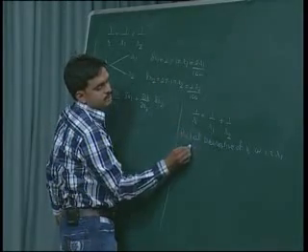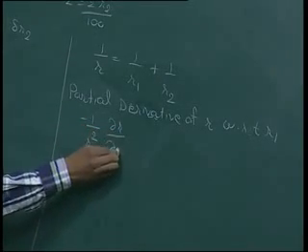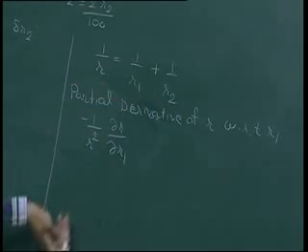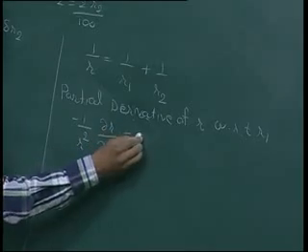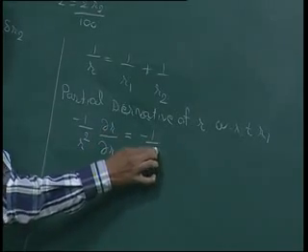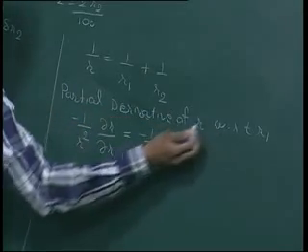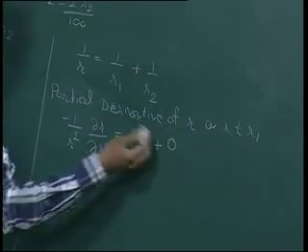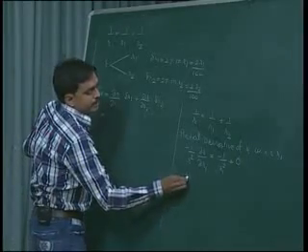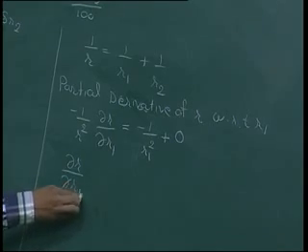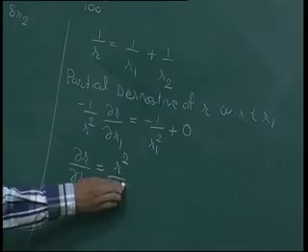The derivative of this is minus 1 upon R square into del R by del R1, as R is a function of R1 and R2. That is why del R by del R1 is equal to the derivative of 1 upon R1, which is minus 1 upon R1 square, plus, as we take the partial derivative with respect to R1 only, the second derivative is 0, because that is not containing R1. Therefore, del R by del R1 is equal to R square upon R1 square.